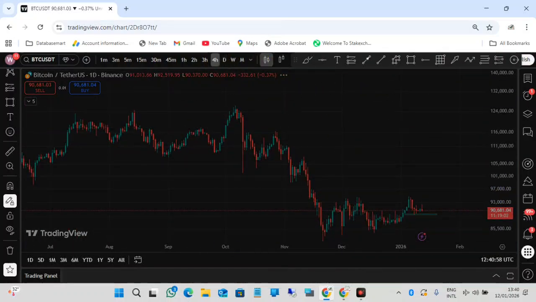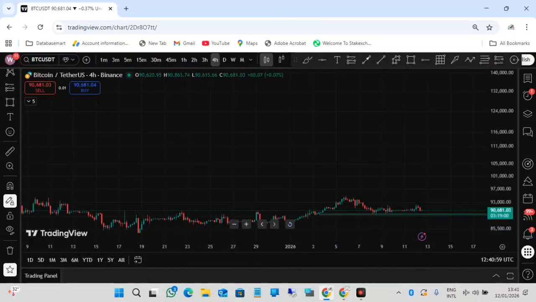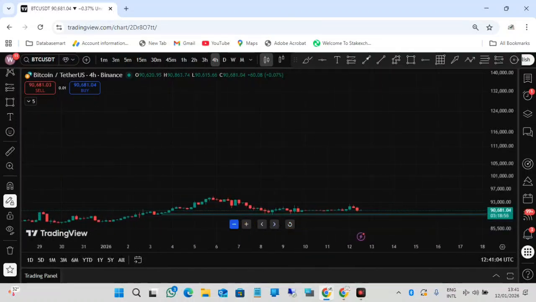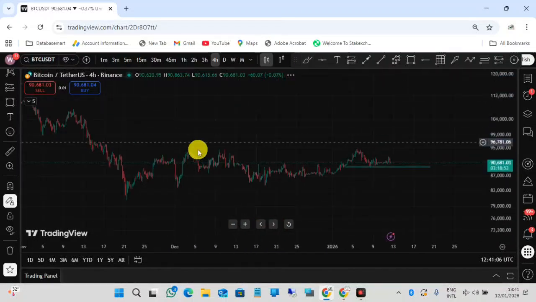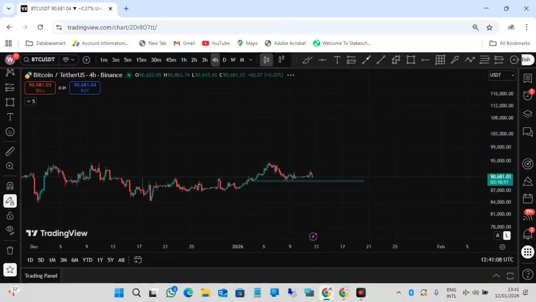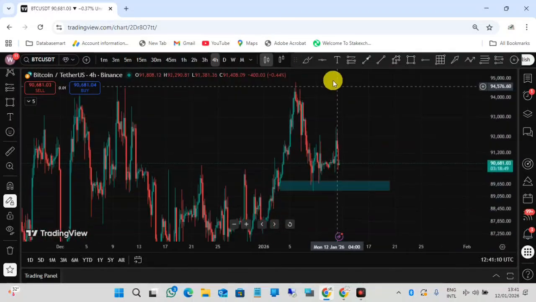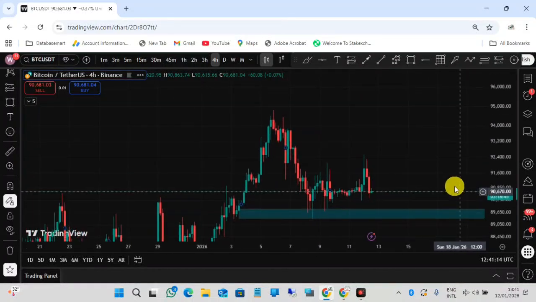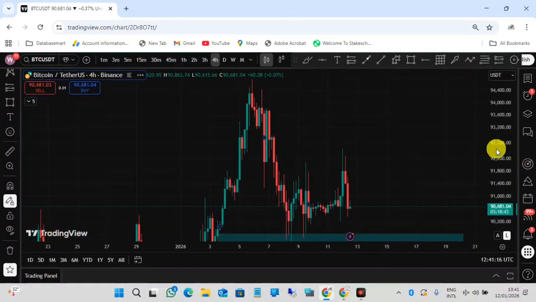But 4 hours is the best one if you want to trade every single day. You can use your 4-hour candle to analyze the market and see where it is going within 4 to 8 hours in a day. Right now you can see BTC on the 4-hour chart.